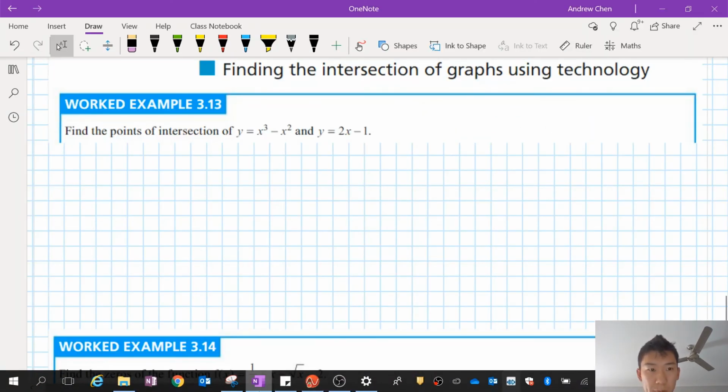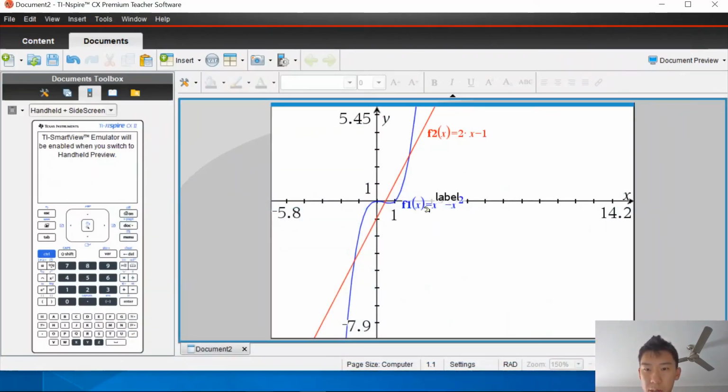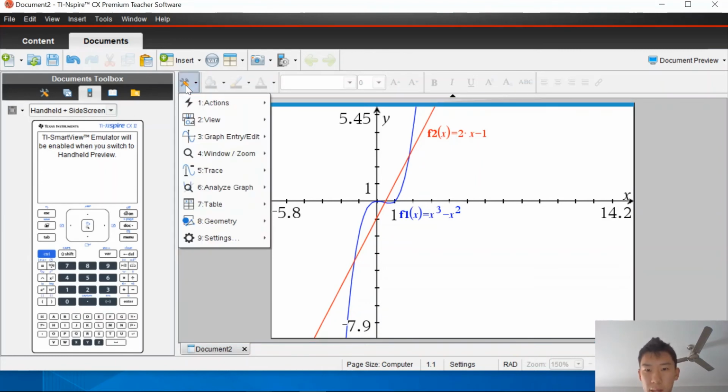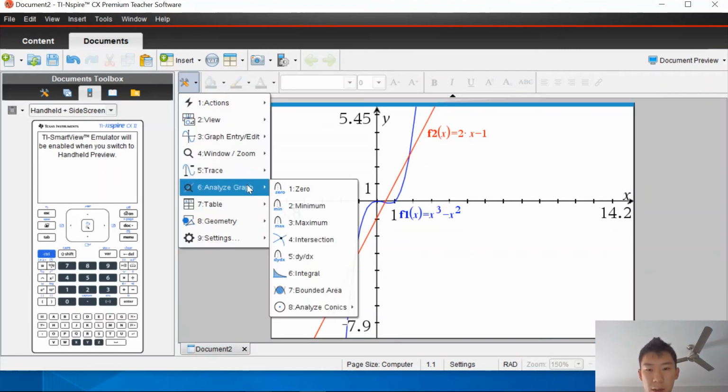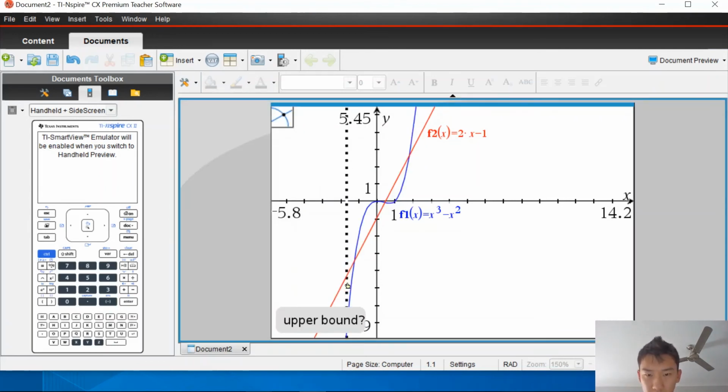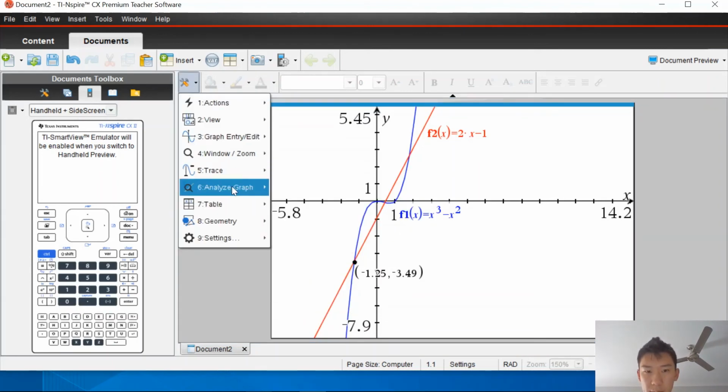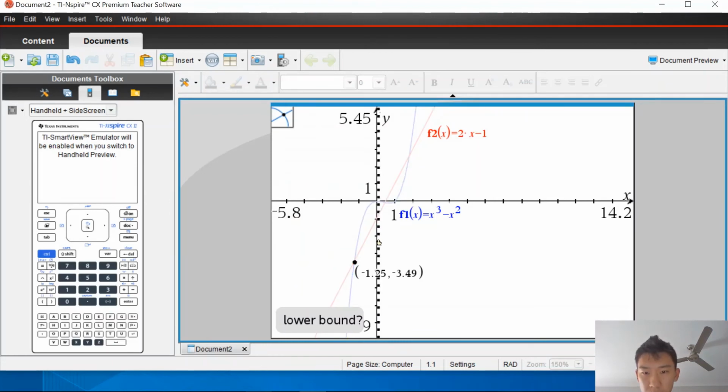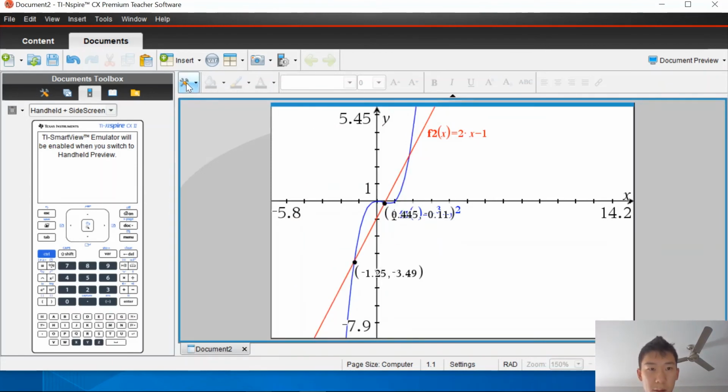And we're trying to find the points of intersection. That means all the points where the two graphs touch each other. So I can see that I have 3 intersections. So let's just get the calculator to find them for us. So analyze graph, intersection. Alright, let's just work from left to right. There's one. Let's do it again. Intersection. There's another one.